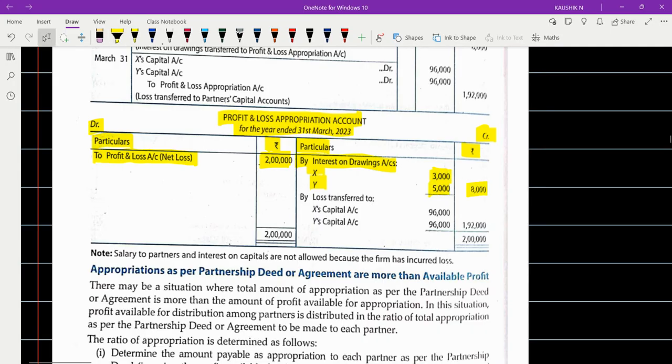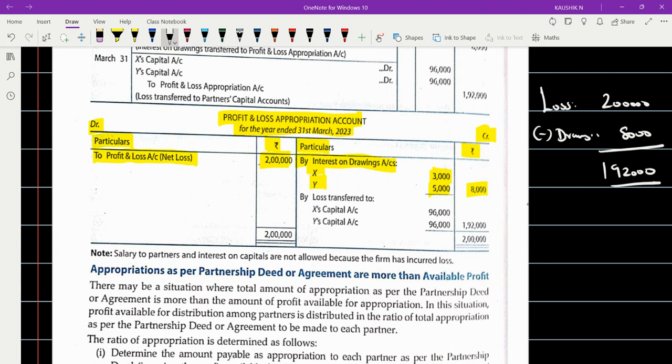So now what happens to your total loss? Your loss was rupees 2 lakhs, out of which on the credit side you have drawings, and the drawings amount is rupees 8,000. When you subtract 8,000 from 2 lakhs, you will be left with rupees 1 lakh 92,000.